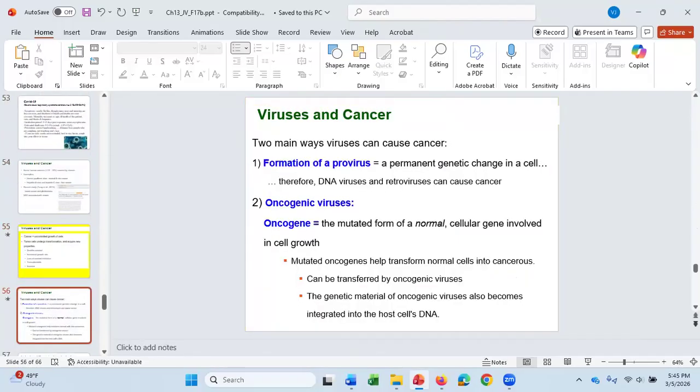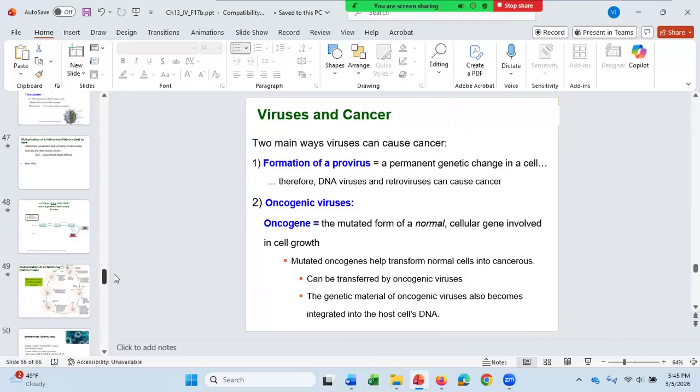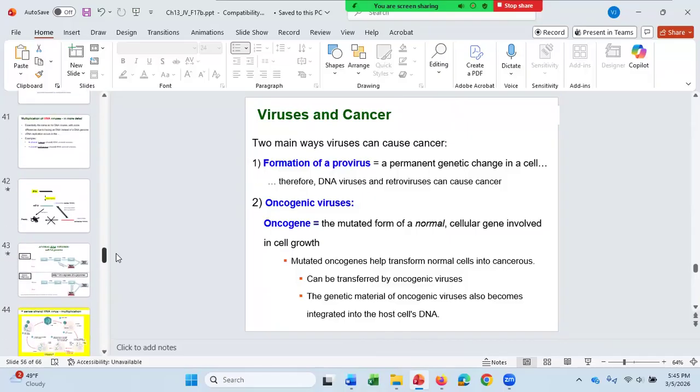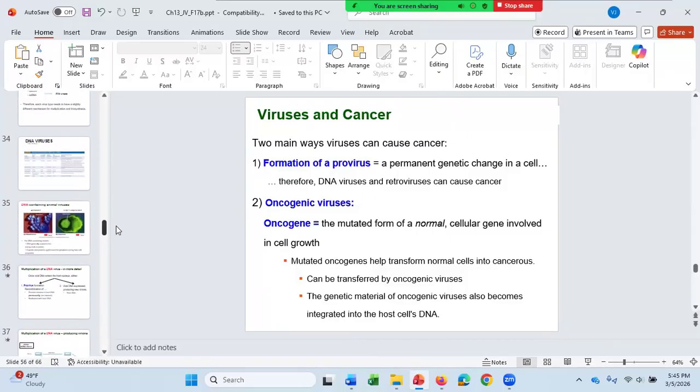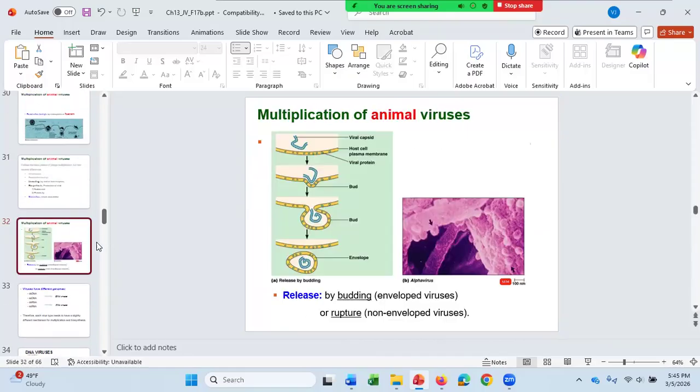It's a latent life cycle. Now I just remembered. All right, go back to slide 32. So the two virus life cycles that are minor are the latent life cycle and the persistent viral infection life cycle. And that makes all four of the viral life cycles. But the main two you need to know about are the budding and the lytic life cycle.